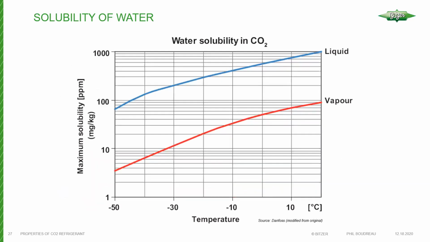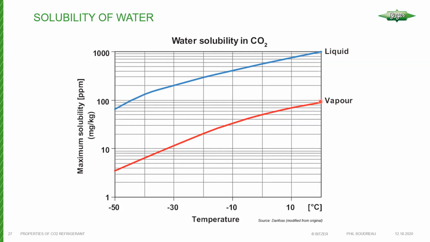Another way to look at this with CO2 is the maximum water solubility in CO2. You can see in its liquid phase, it has quite a high solubility, but in the vapor phase, it's somewhat less.